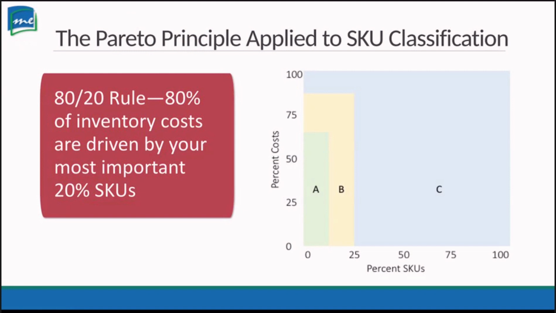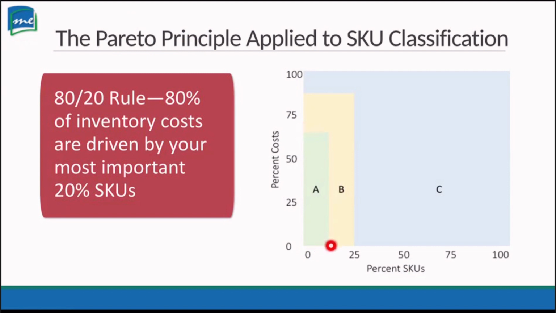So the rule I just mentioned to classify the SKUs into these different categories is the basic 80-20 rule. But if you take a look at the picture here, you will see that category A only takes around 15 to 20% of SKUs, but it values around 65 to 70%.